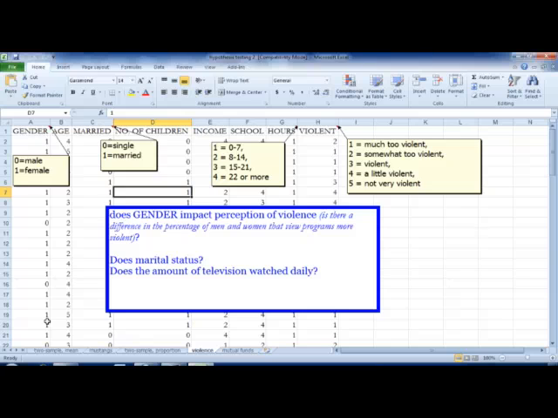So the questions that they asked some of their viewers was gender, age, marital status, whether or not there were children present, income, how much TV they watch in terms of hours per day, and then what their perception of violence on that station actually is. For example, a 1 means that station's programming is much too violent, and a 5 means that they think that station's programming is not very violent at all.